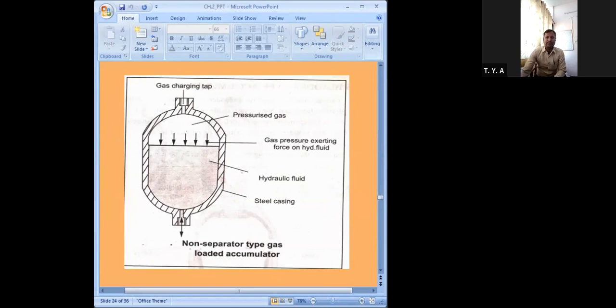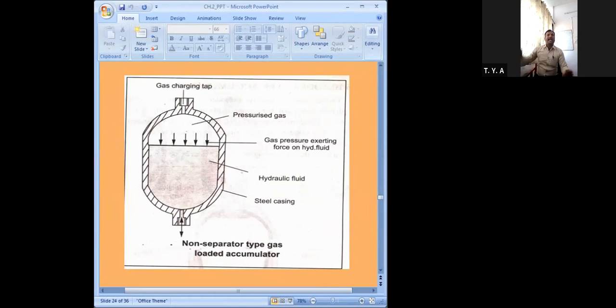When excess fluid is provided by the pump and comes inside, the cell fills with hydraulic fluid.